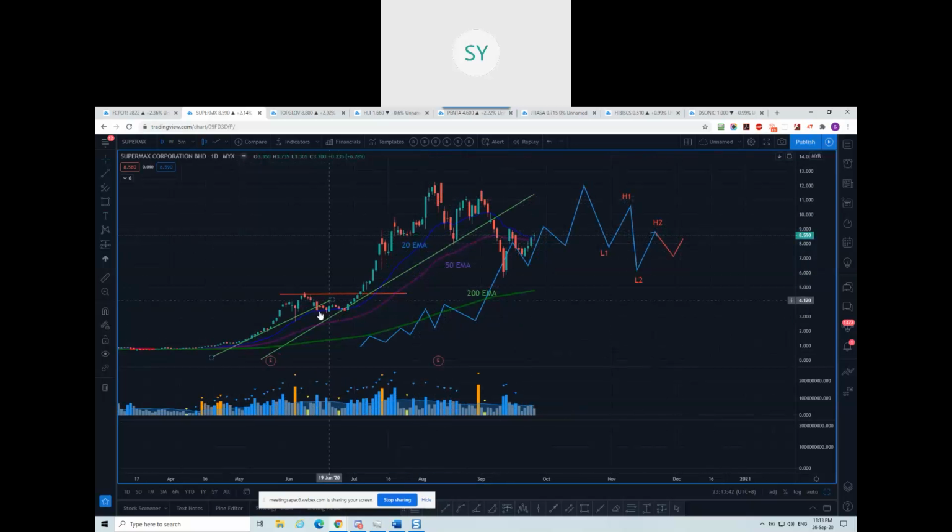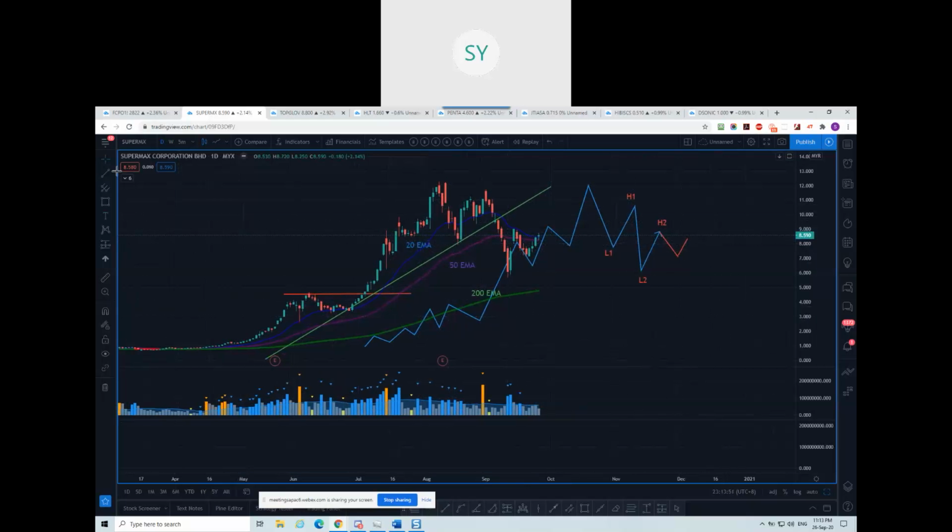I deleted the shorter term trend line and use a long term trend line. So basically, the uptrend line has been broken. So we will draw a downtrend line. There's a downtrend line.